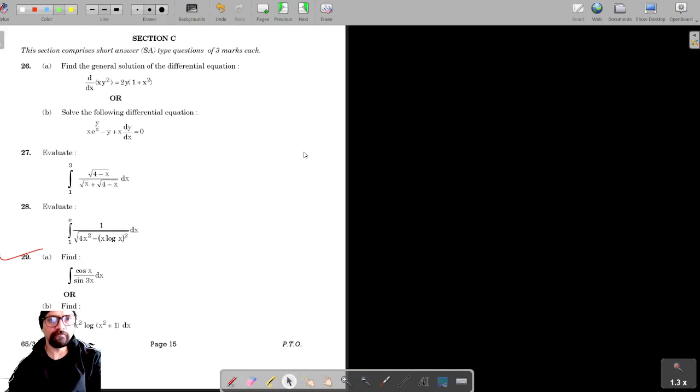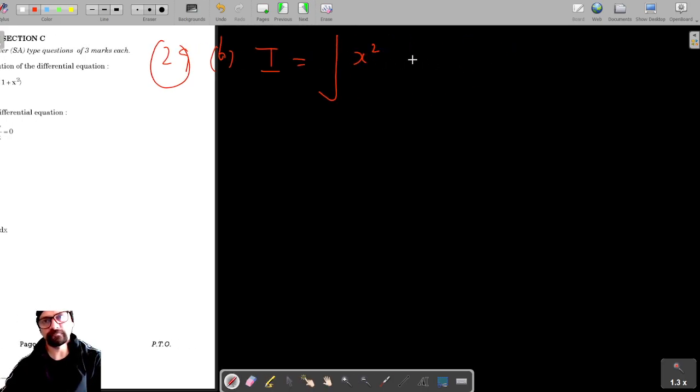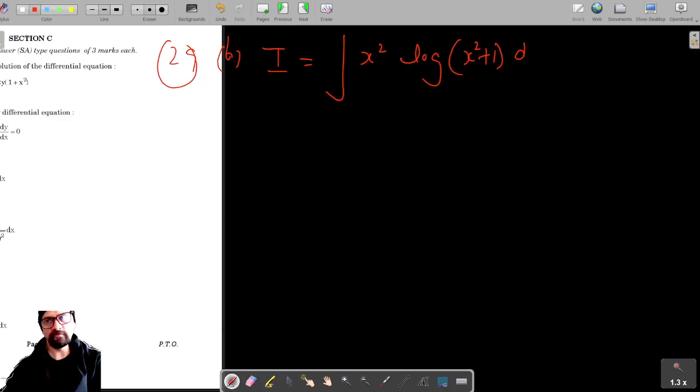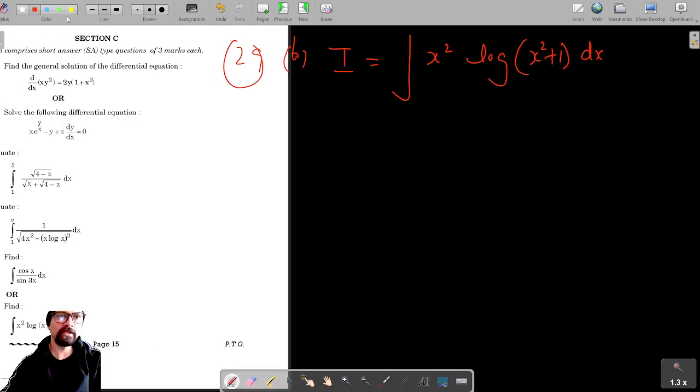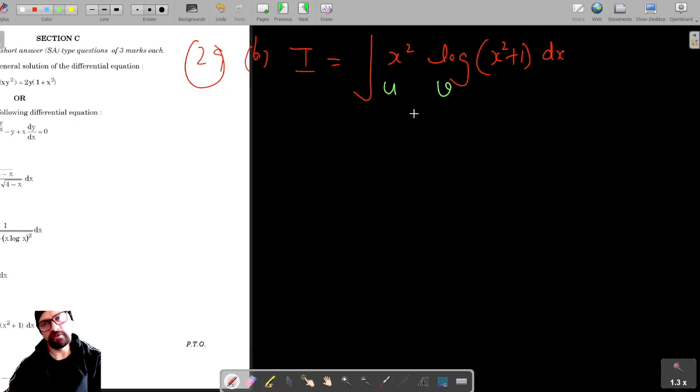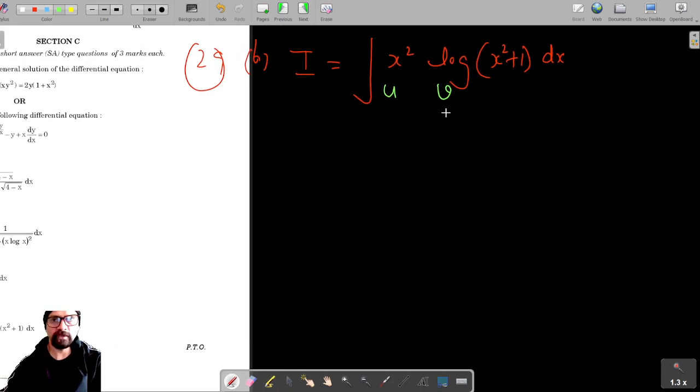Now, for question number 29, part B, our integral is, let's say, I equals the integral of x squared, the product of two functions, log of x squared plus 1 into dx. This is u and this is v, and we are going to use integration by parts.